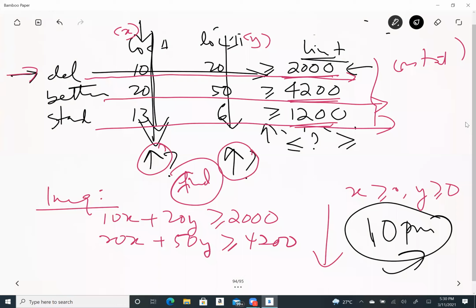But to find the point, there are 2 corner points that you need to find, so you need more time. If you cannot get the feasible region, then you submit what you have. But I think there should be a feasible region.